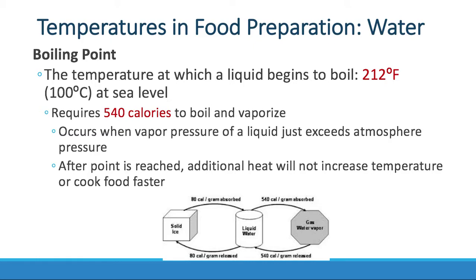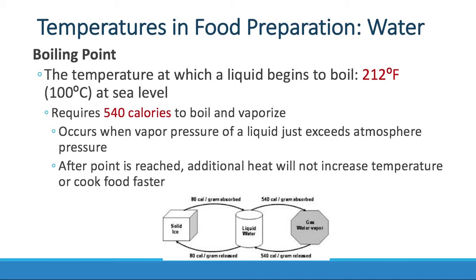At this point, the addition of any additional heat isn't going to change the temperature. Instead, it is going to release steam. So pure water can't get any hotter than 212 degrees Fahrenheit when at sea level.